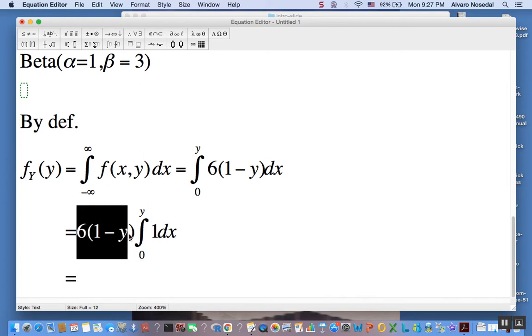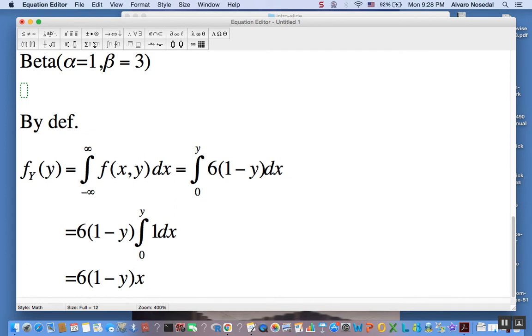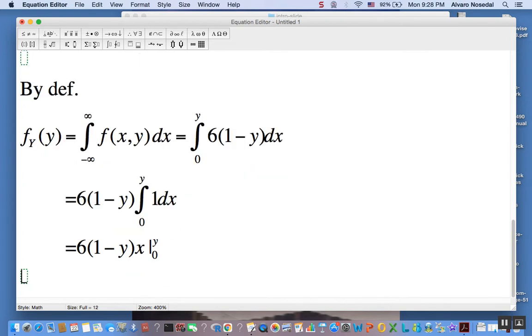So we have this, and we have x, and we are going to be evaluating x at 0 and y. So in the end, what we have is 6 times 1 minus y times y, because when we have 0, everything disappears. Let me write it down like this. Okay, that's what we have.